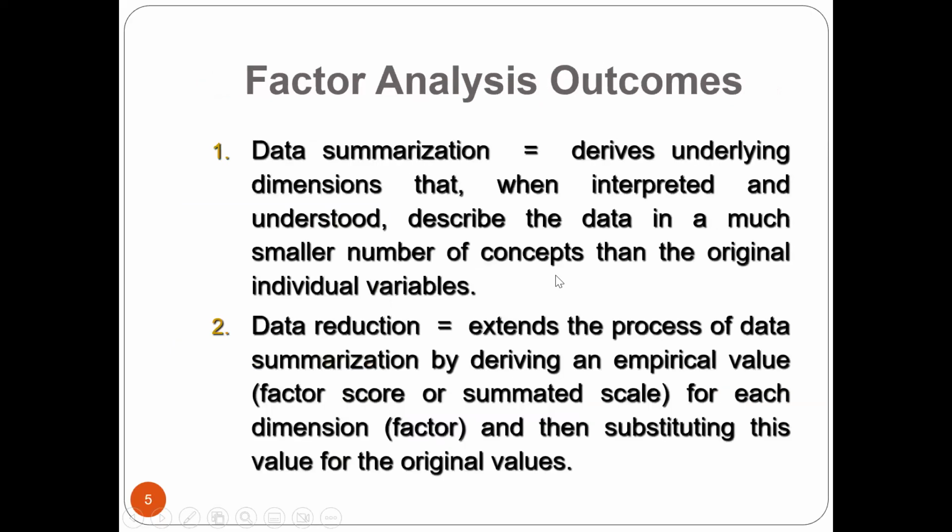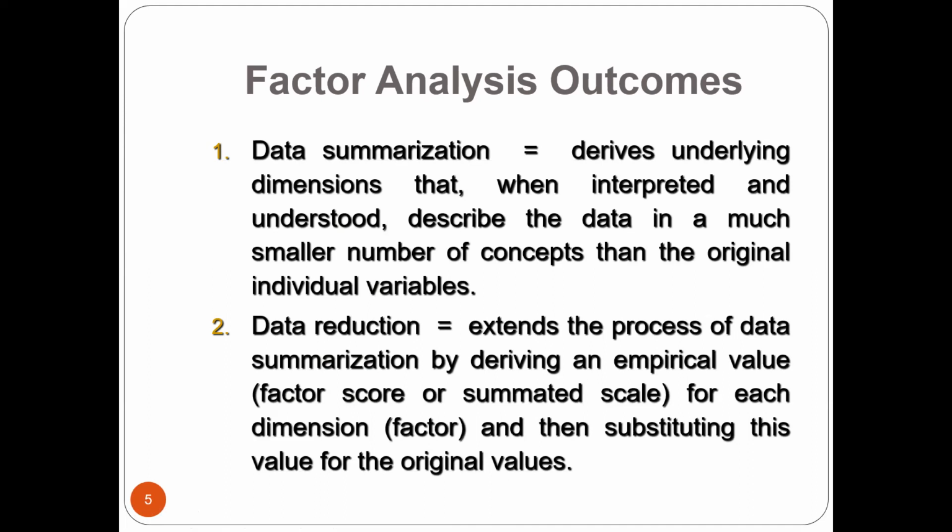Now it has two parts. Factor analysis has two parts. One is reducing the large number of variables into a smaller number of variables or groups or factors. That is the first part, which is known as data summarization. But there is a second part, which is called data reduction. Once you make the factors, the original variables from which you have made the factors do not exist anymore. The factors that you make are the new variables that you have.